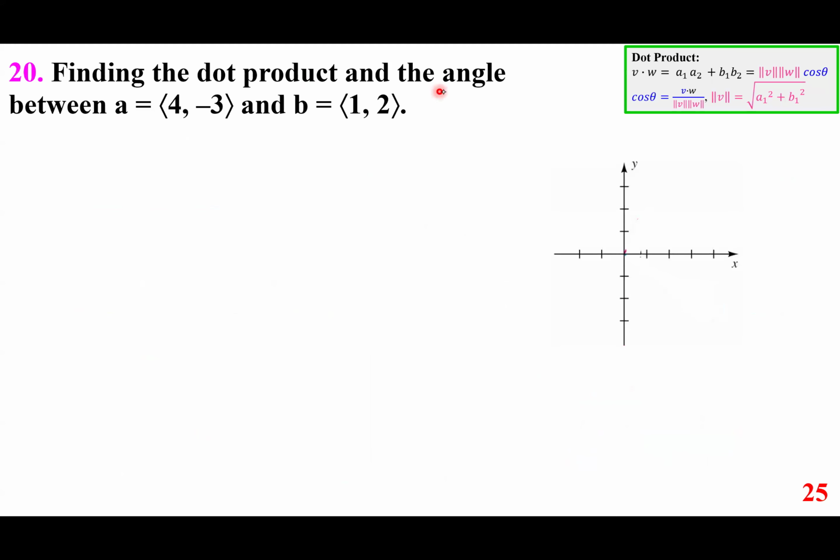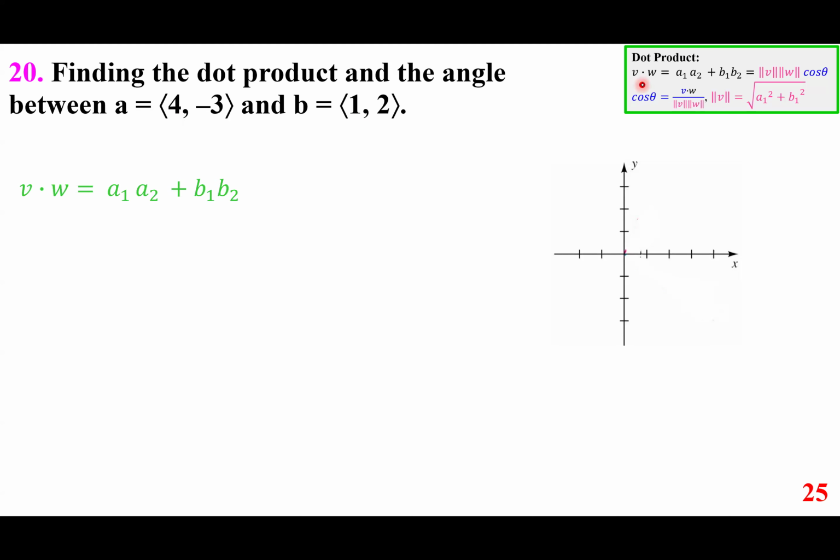Finding the dot product and the angle between A with components 4 comma negative 3 and B with components 1 comma 2. We just follow the formula.